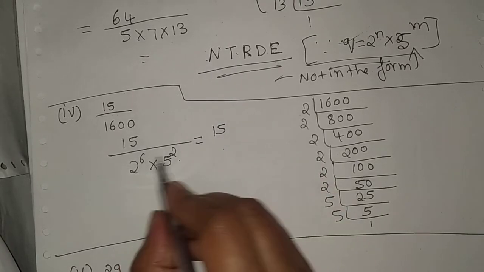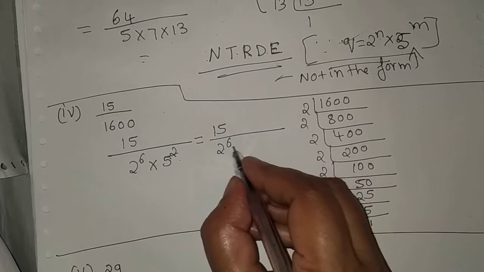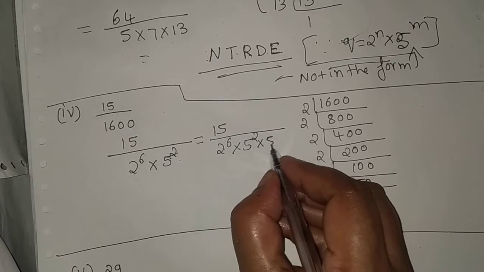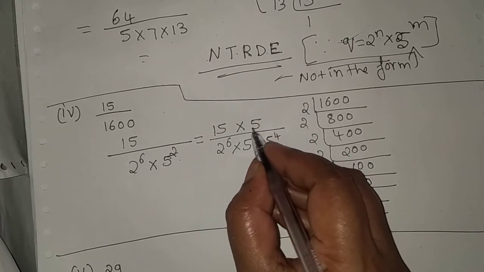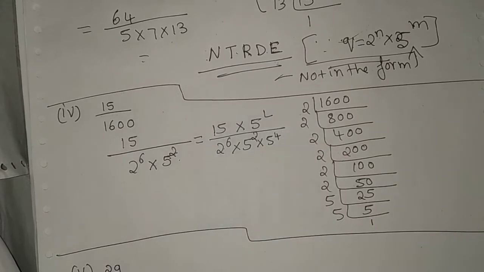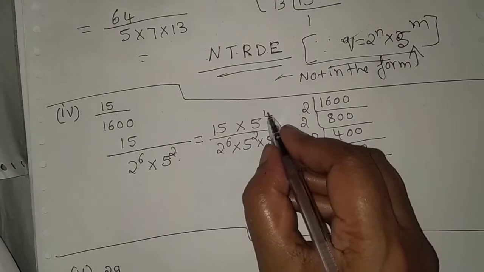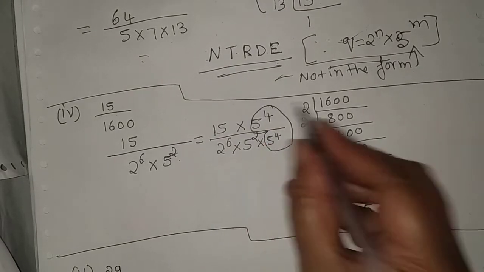Here 2 to the power of 6 is there, so we have to make the power of 5 also 6. Therefore 2 to the power of 6 into 5 to the power of 2 into 5 to the power of 4. 2 plus 4 is 6, so we have to write 5 to the power of 4 here, because we added 4.